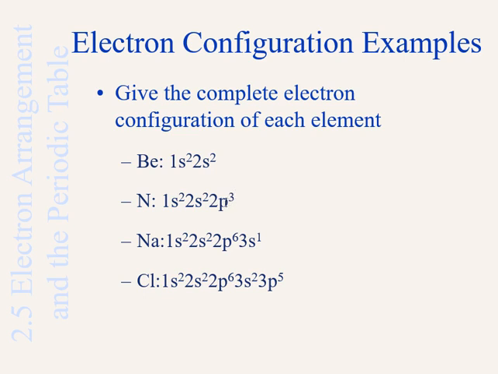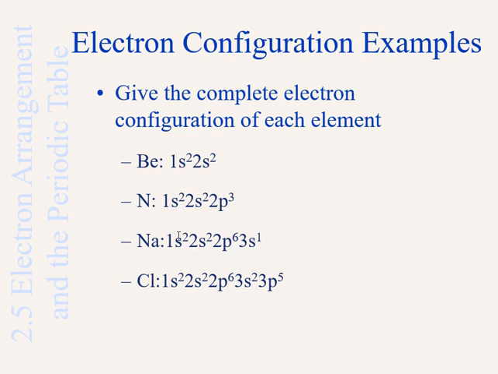Pause your video and think about it. The answer is there are 3 p orbitals, and 1 electron will go in each, and all 3 of them will go with the same spin. You show that by drawing the orbital diagram and having the 3 electrons point up in each.